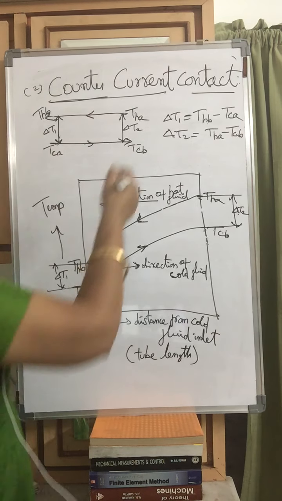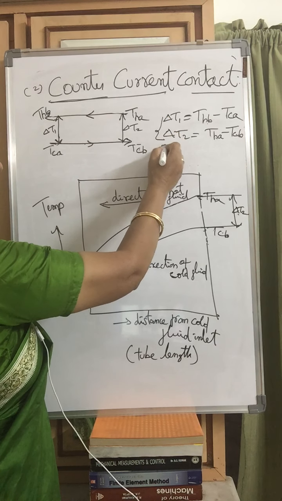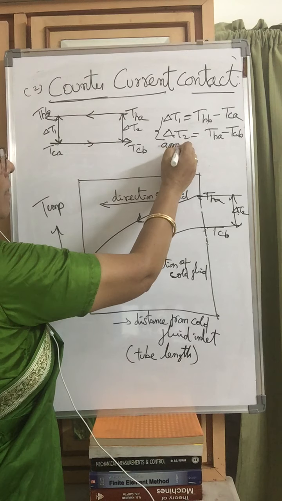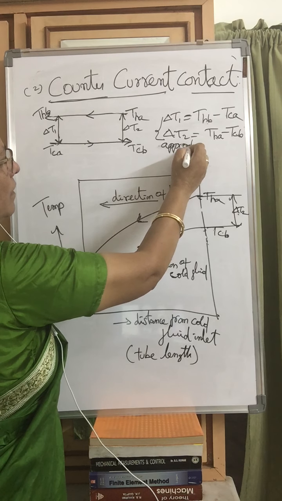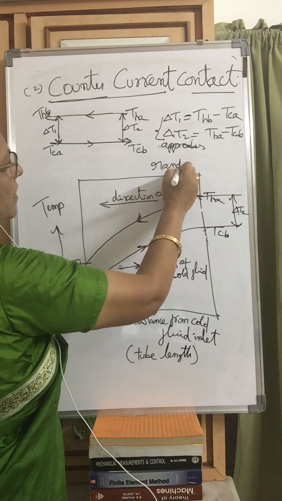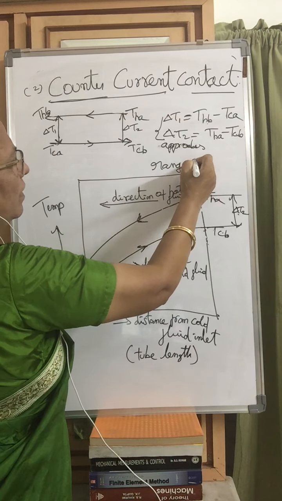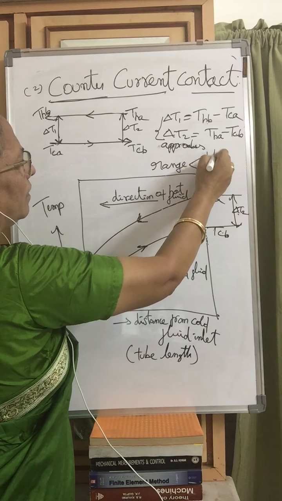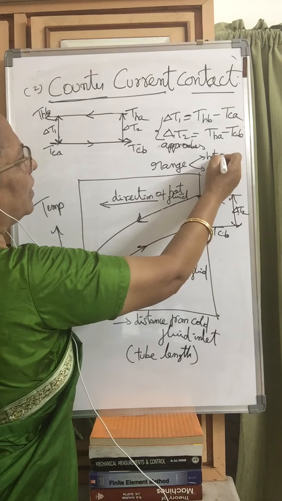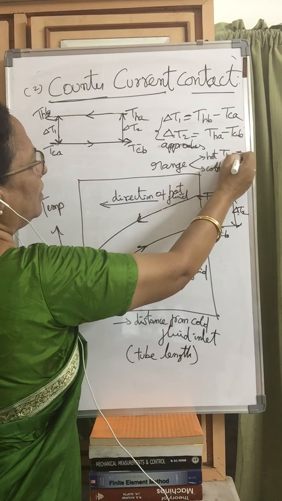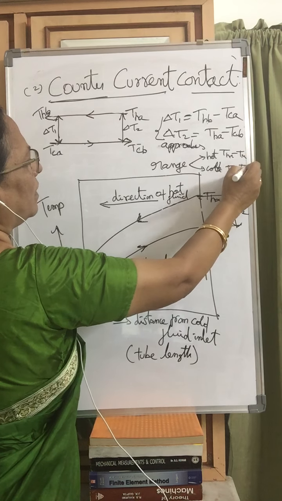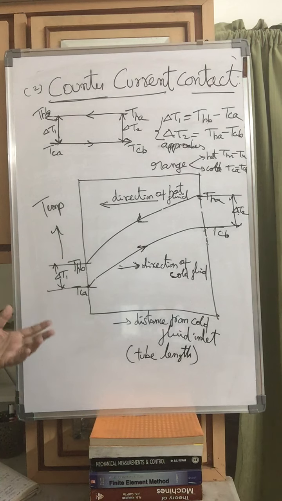This is again the range, same as before. These are approaches. Then the range, same thing, for hot fluid and cold fluid: this is THA to THB and this is TCA to TCB. Same thing, just like parallel.